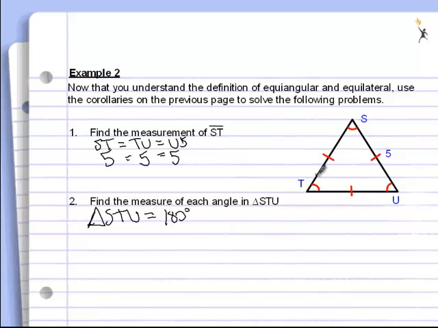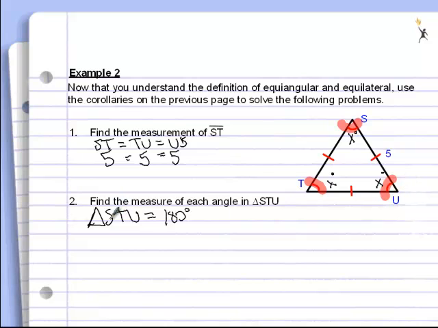Well, let's just say that angle S is x degrees. What do you already know about the three angles of this triangle? I hope you're saying out loud that they're congruent. And you're exactly right. If S is x degrees, then T is x degrees, and U is x degrees.